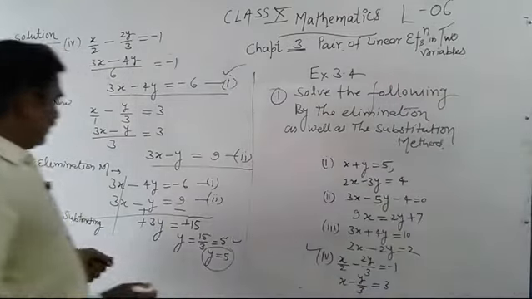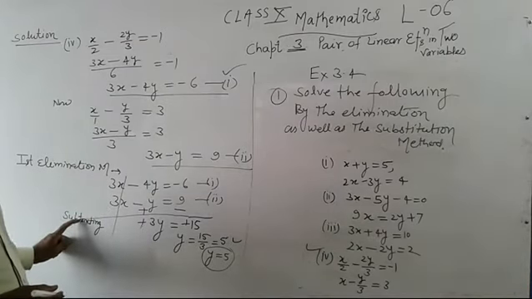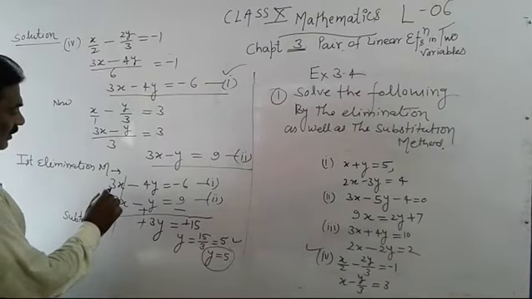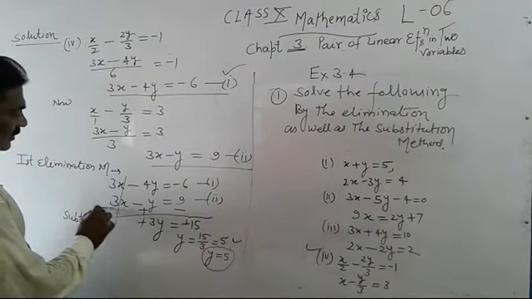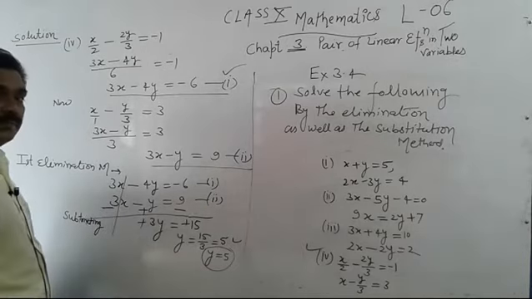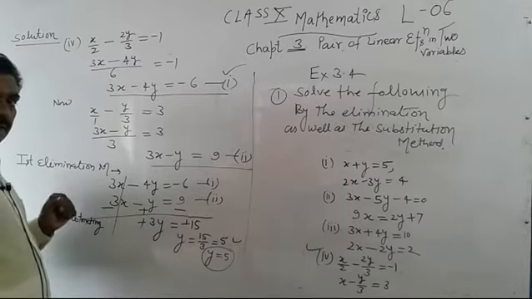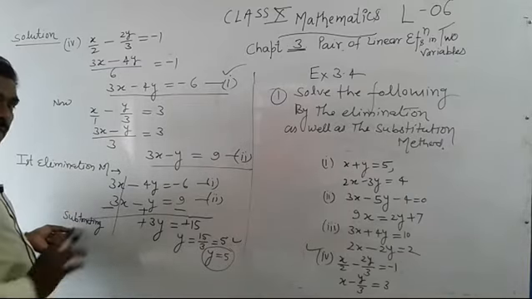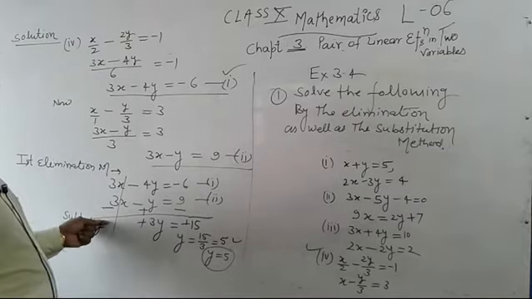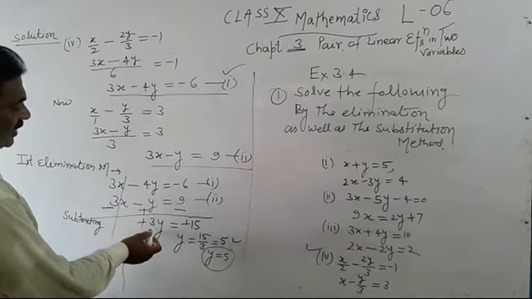Here, 3x, both are positive, therefore we write subtracting, and in case of subtraction, the sign will change. We change the sign, here minus and here plus. In case of the same sign, we write subtracting and we change the sign. 3x minus 3x cancels out, and now minus 4y plus y becomes minus 3y.